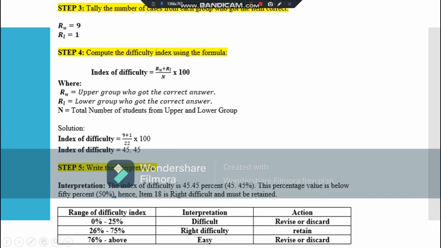In the upper we have 11, and in the lower we have 11 also. So we simply add them, and therefore our N is 22.